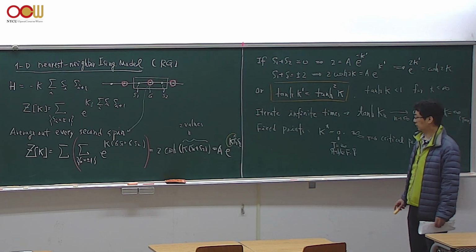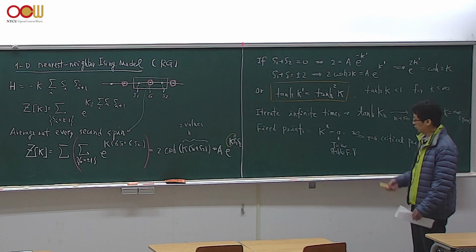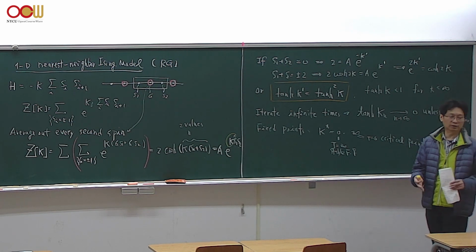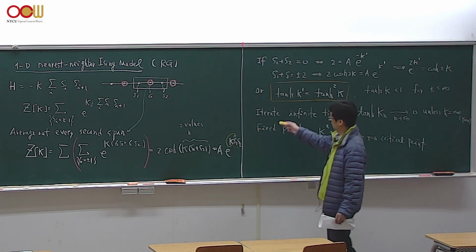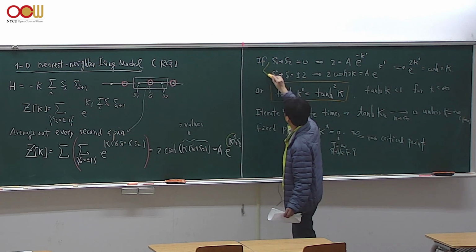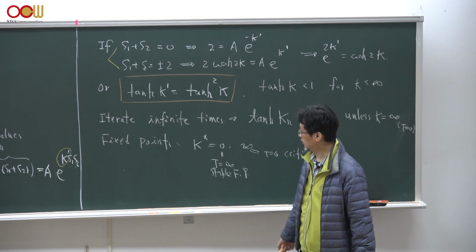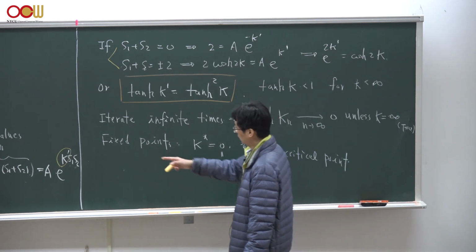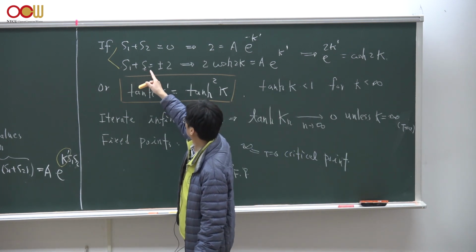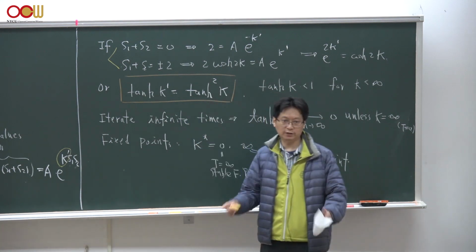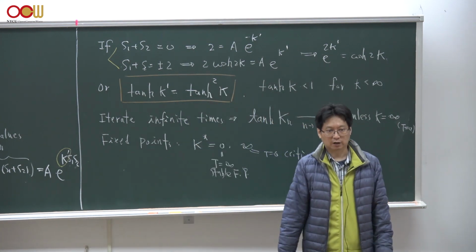And the coupling constant now becomes K prime, and so we need to find out the relation between K and K prime. That leads to two possibilities. One is when S1 plus S2 becomes 0, and another is when S1 plus S2 becomes plus or minus 2. So either they get cancelled or they are added up.